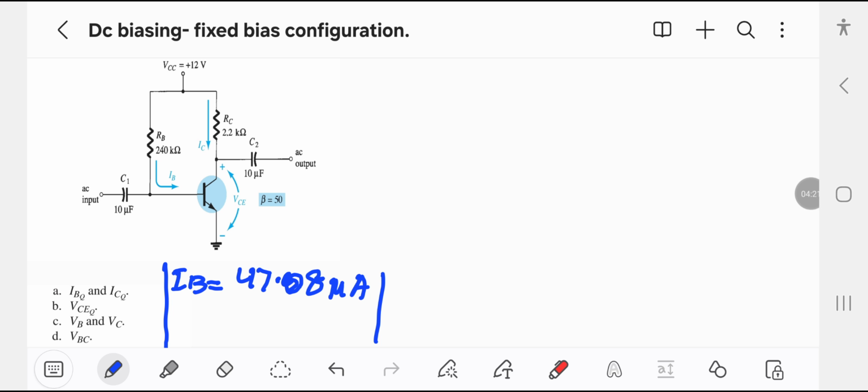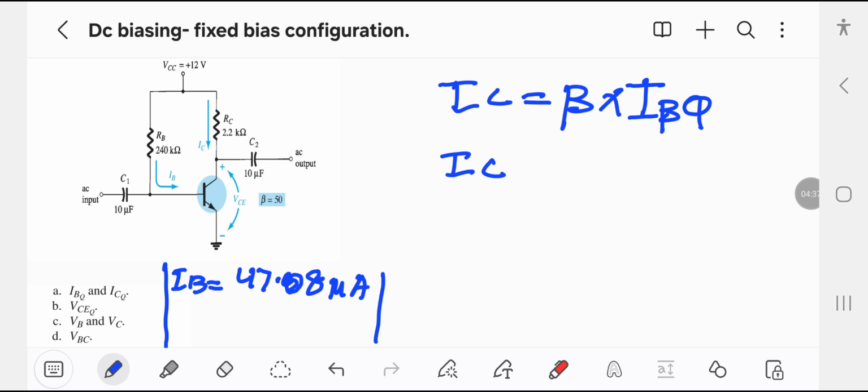For IC, we use this equation. Now here beta is given in this circuit, which is 50, times 47.08 micro ampere.